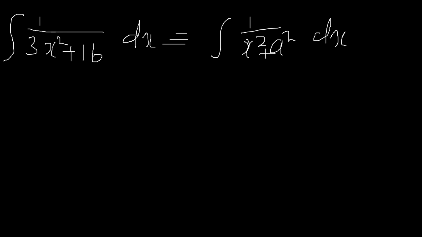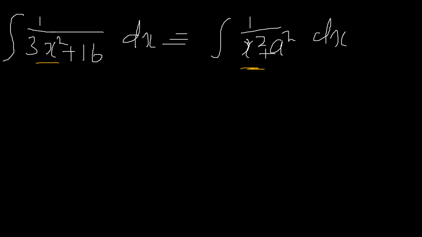So this means we have some things here to note. Remember, we need it to be this form. So for it to look like this, we need to factor out this 3, because we need the coefficient of x squared to be 1.